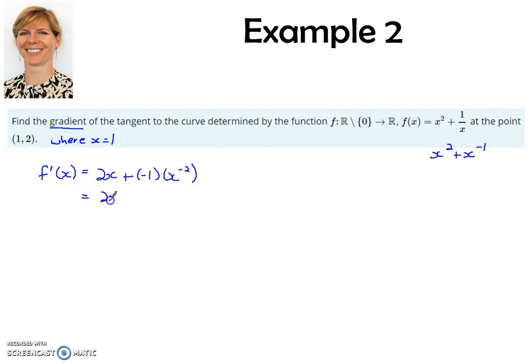Okay, so we've got 2x take 1 over x squared, and now we want to find out what is the value of that when x equals 1, so substituting in 1 there, 2 times 1, take 1 over 1 squared, okay, gives you 1. So the gradient of the tangent to the curve at this point is 1. And then you could go on, use that point, and find the equation of that tangent if you needed to.